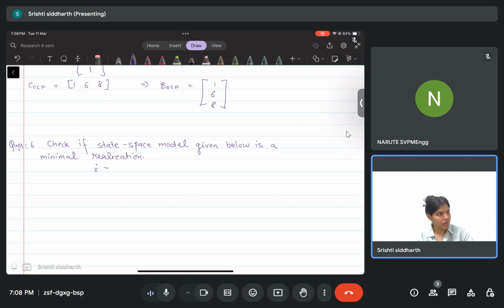So x dot equals [1 2; 4 1] x plus [1; 0] u.